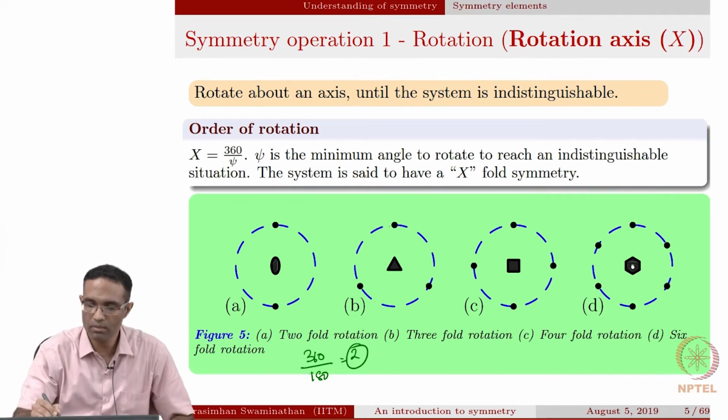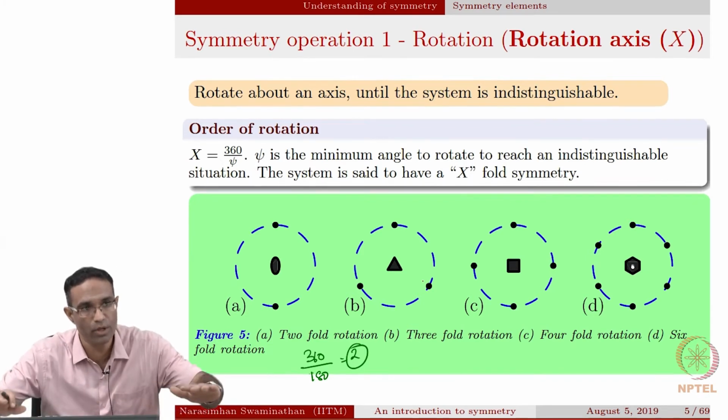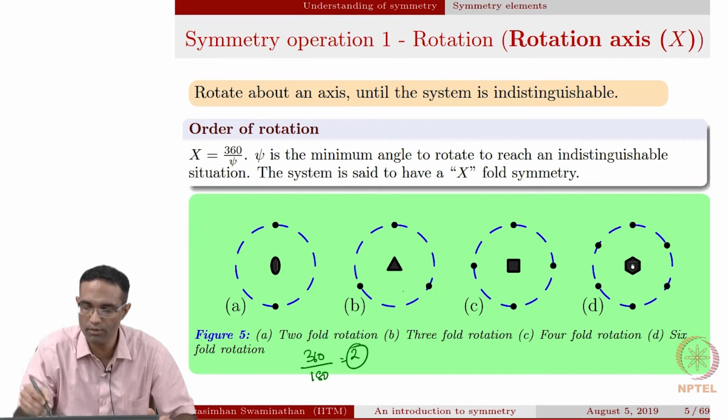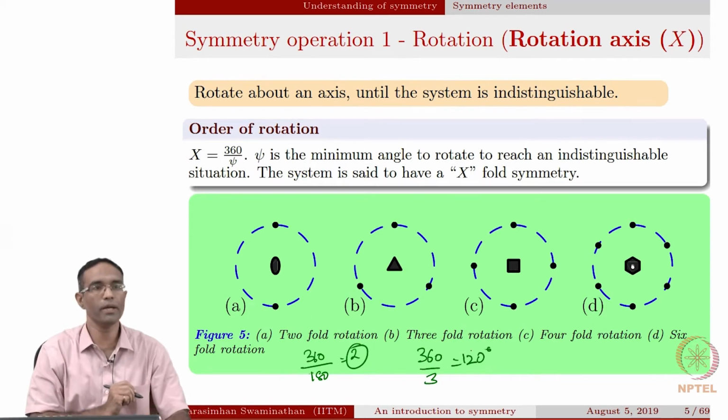At this point we are talking about the lattices. The lattice itself is going to possess the twofold or the threefold symmetry. In the threefold symmetry, if you rotate it by 360 divided by 3, which is 120 degrees, you will be able to make the lattice coincide with itself.